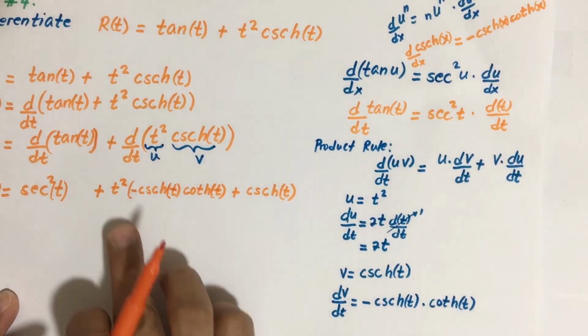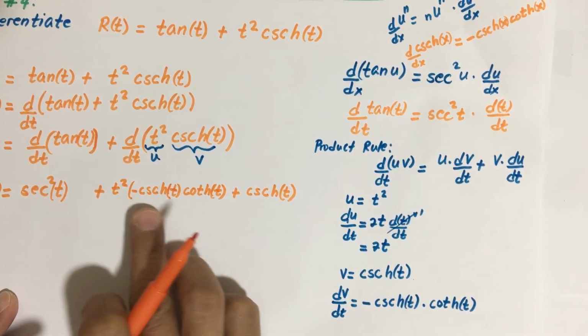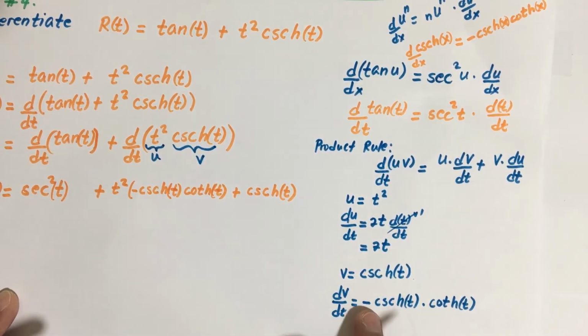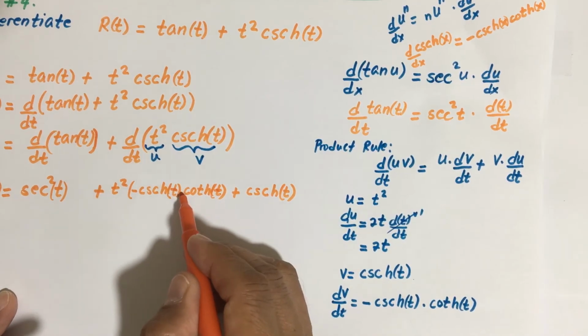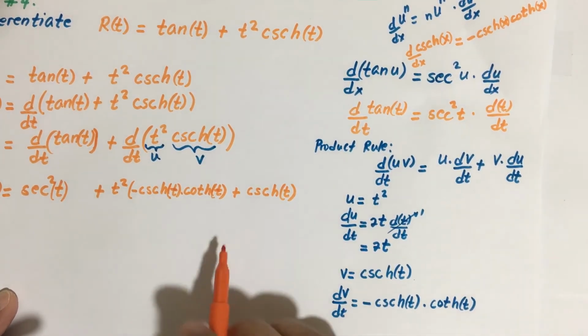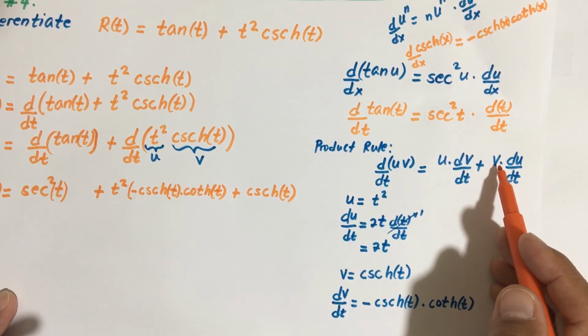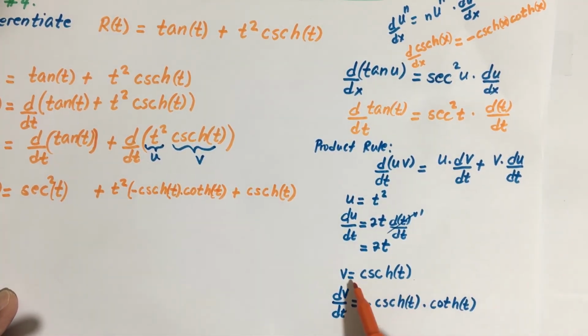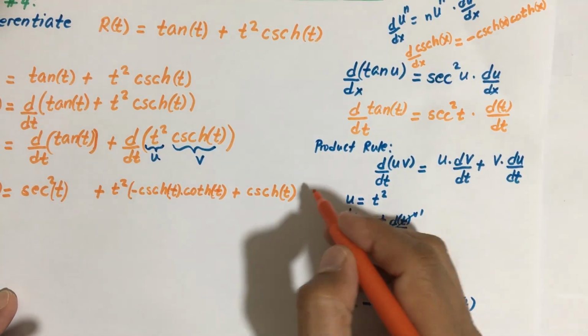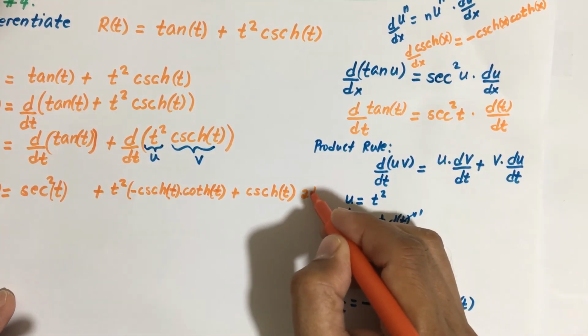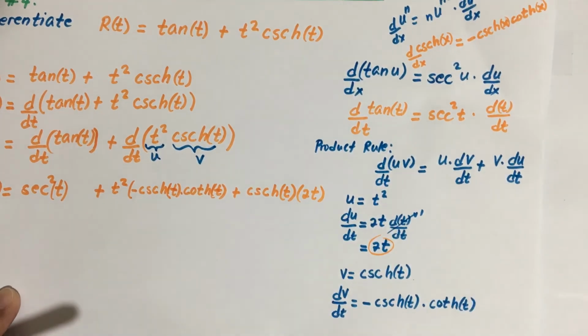Okay, so let us check. So u times dv over dt, our dv over dt is this one, then plus v, our v is this one, then multiplied by du over dt, our du over dt is equal to 2t, so this is times 2t.